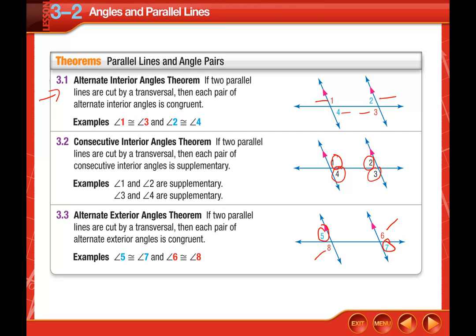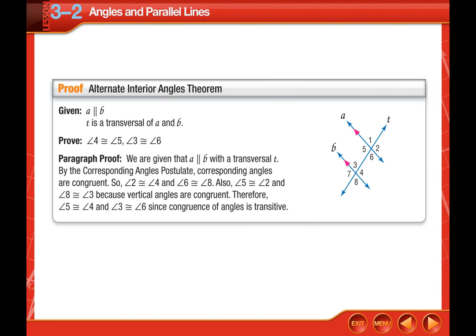Sometimes they'll put in a very specific example. So here we have A and B that are parallel, shown by these arrowheads on those lines. We know that T is a transversal of A and B. We need to prove that angle 4 is congruent to 5 and that 3 is congruent to 6.